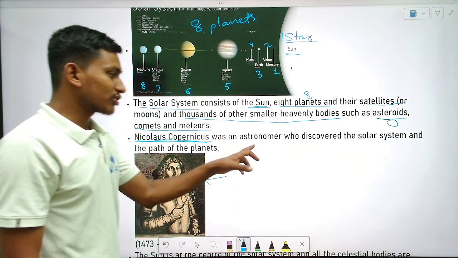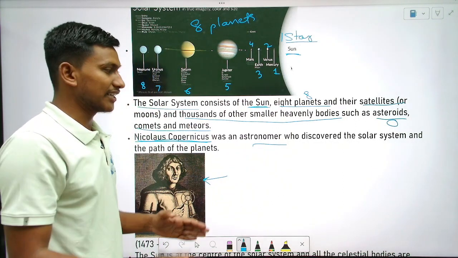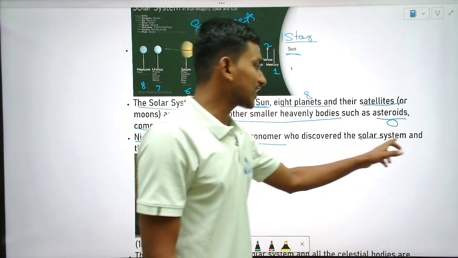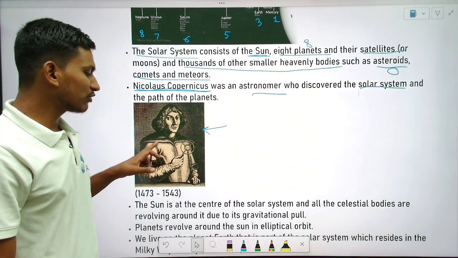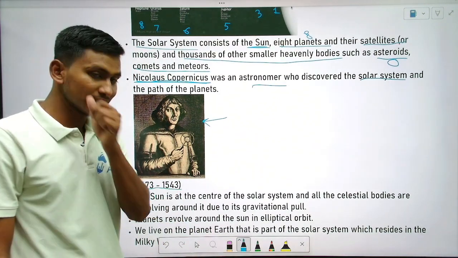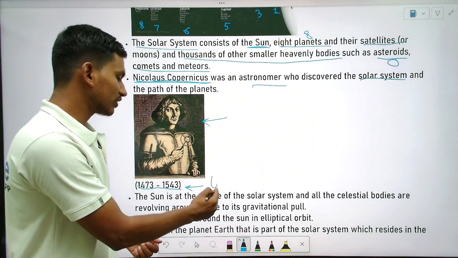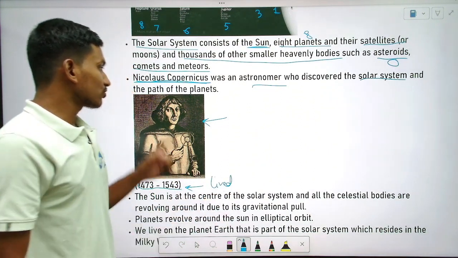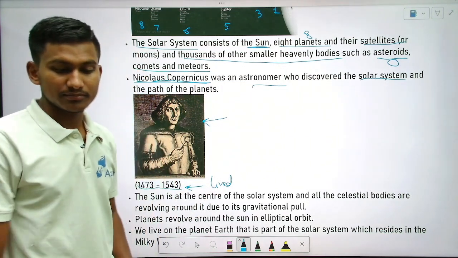We call such a person an astronomer, who studies different planets. He discovered the solar system. So when did he live? He lived from 1473 to 1543. In these years he lived. Understood? So Nicholas Copernicus gave us the solar system.